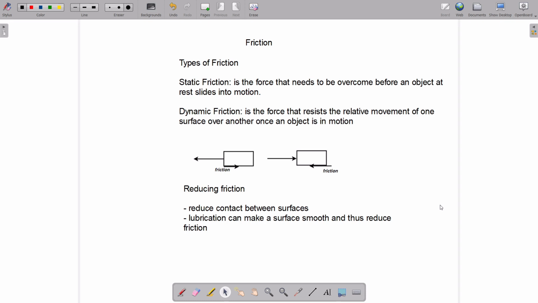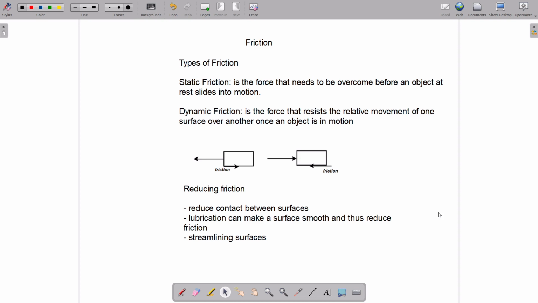Rough surfaces have more friction, and so one way is smoothing surfaces. And one way by which we can smooth surfaces is by lubricating them. And we do that by using a lubricant. A lubricant is a slippery substance that reduces friction. We can also reduce friction by streamlining surfaces.